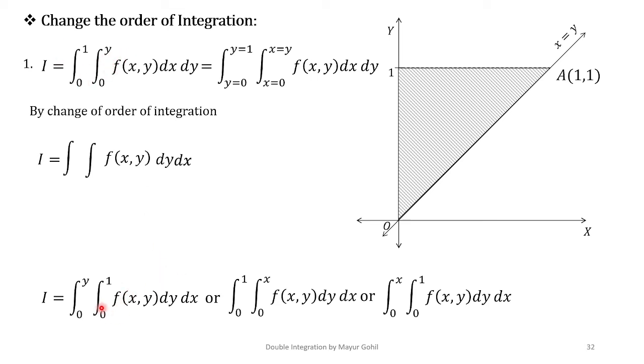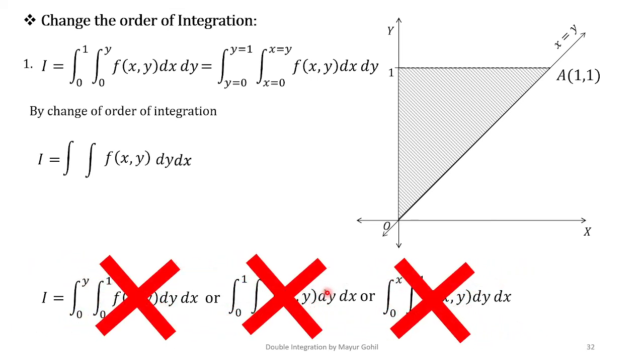So remember, if you write any of these three choices, where the variable limits go outside and the constants come inside, and since y has gone inside and x has gone outside, you just do some kind of shifting of the integrals or variables, each of these is a wrong notion. You cannot guess the change in the order just by looking at the double integral.